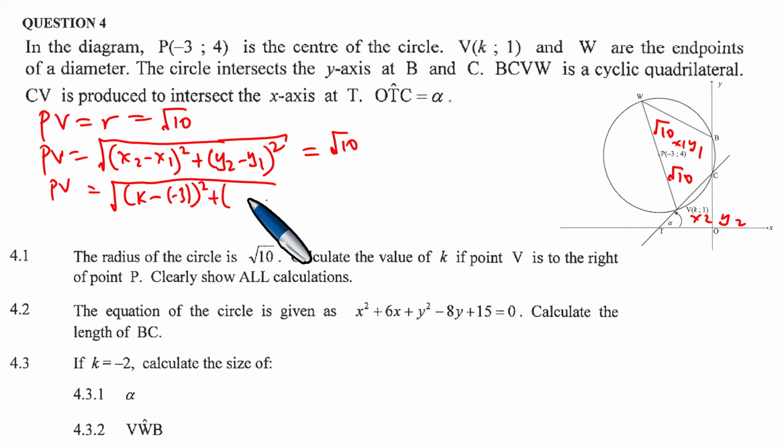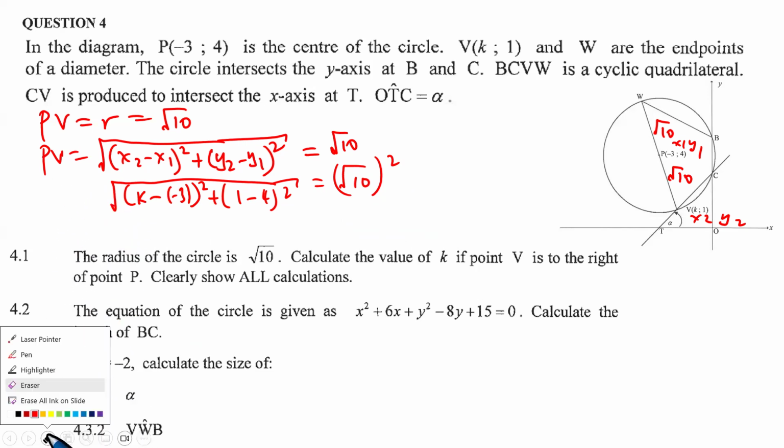You square this. What is y2? y2 is 1 minus y1. y1 is 4, and you square this. And this is the square root of 10. And you square both sides of this.